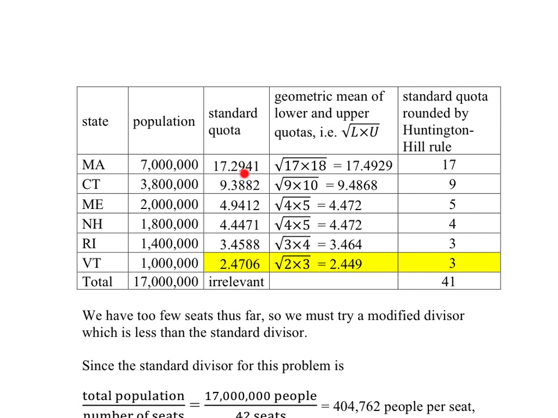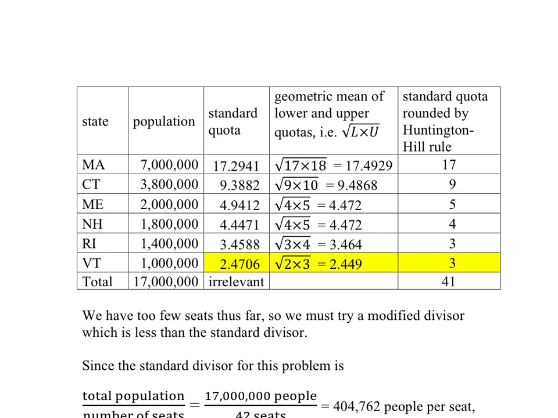So the standard quotas are given here, and the geometric means, the Huntington-Hill rounding cutoffs, are given here. I've highlighted the one example where ordinary rounding would have said one thing, but Huntington-Hill rounding says something else. In the case of Vermont, with its standard quota of 2.47 something, that is actually greater than the Huntington-Hill rounding cutoff for a quota of the form 2 point something.